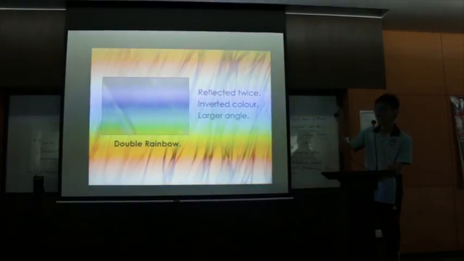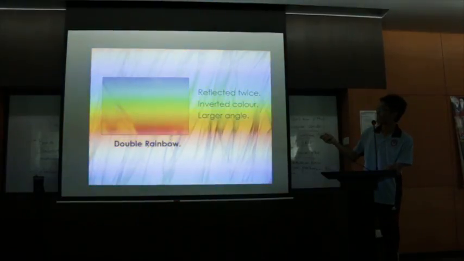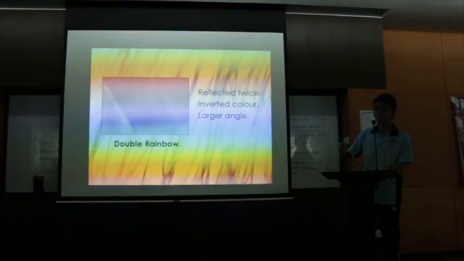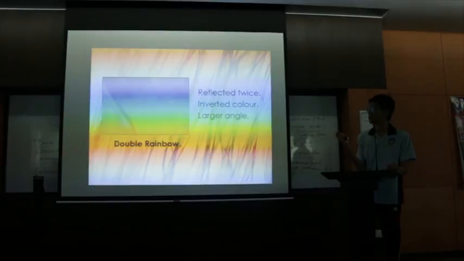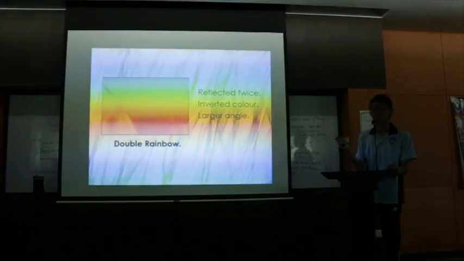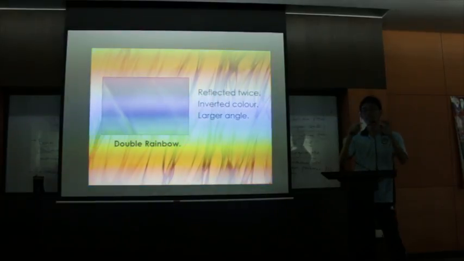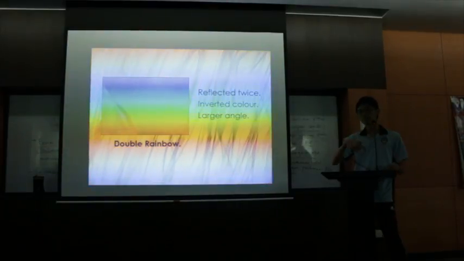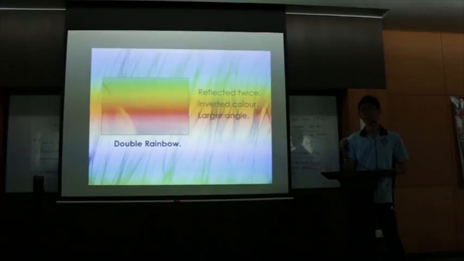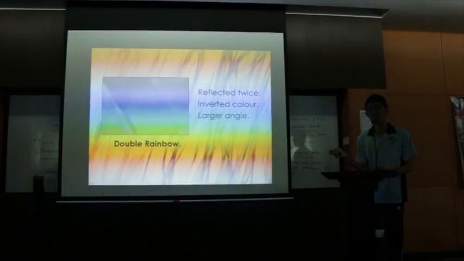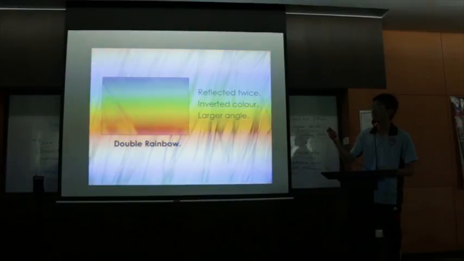Red light is on the inner band, and the violet is on the outside. So, yeah, it's inverted because it's reflected twice. And it has a larger angle, because when it's reflected in the water droplet, it exits at a different angle, and that different angle is a larger angle. That's why it's on the outside.